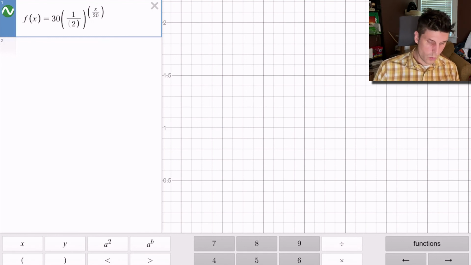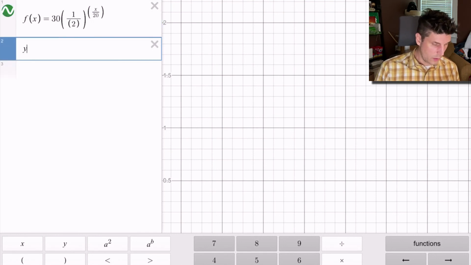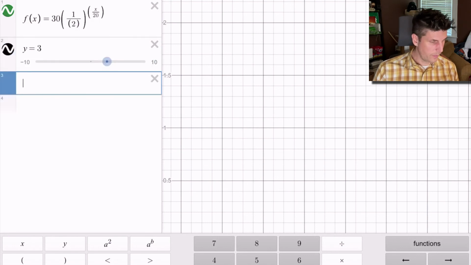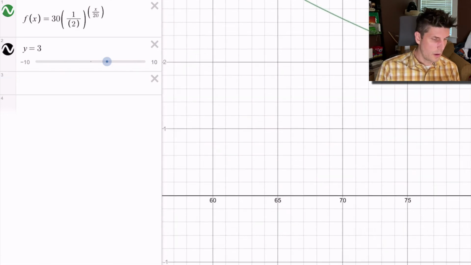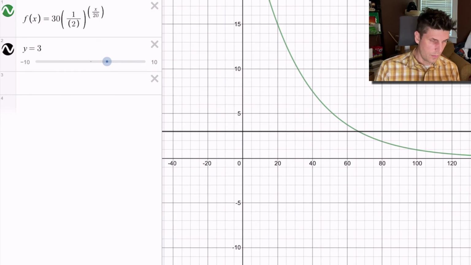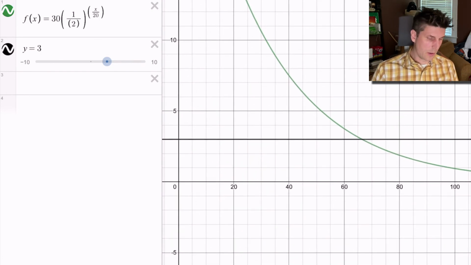And we want to know, when does that equal 3? That's odd. All right. So when does that equal 3?